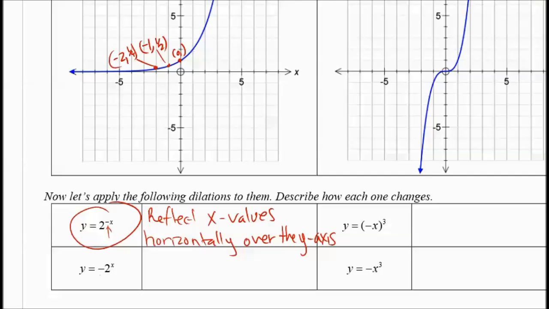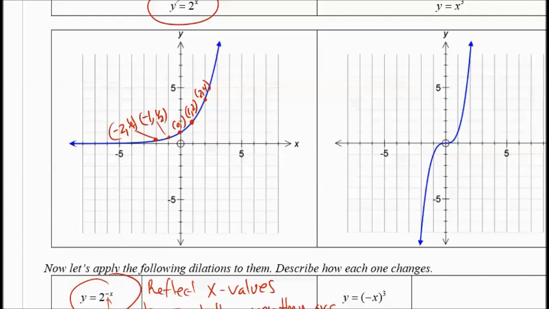Okay, and then let's go to the other side where I have the point 1, 2, and then where I have the point 2, 4. Okay, and I can even go all the way up here to where I have the point 3, 8. Okay, so let's look at how applying a negative to x will affect our graph.